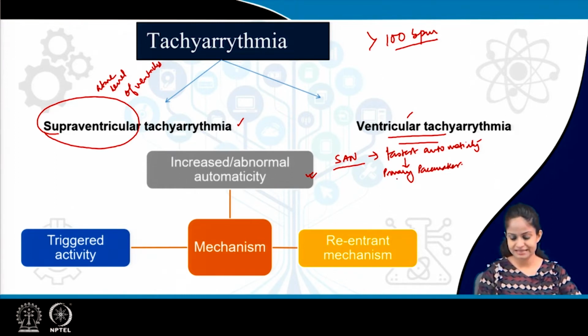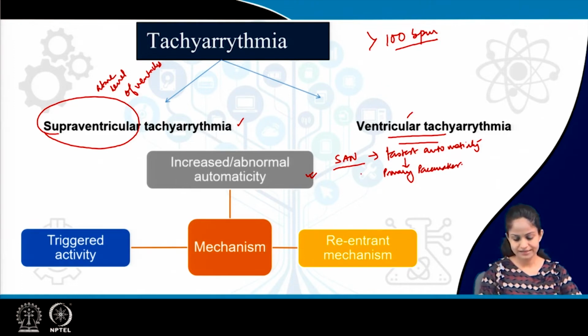If anywhere besides the SA node, any cells other than the SA node are generating the impulse, then that is increased automaticity or abnormal automaticity. Suppose the AV node is generating the impulse, the bundle of His, the atrial cells, or the ventricular cells: any cells other than the SA node generating the impulse is known as increased automaticity or abnormal automaticity.